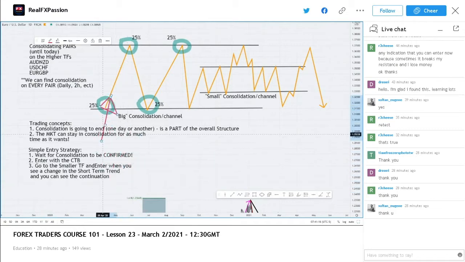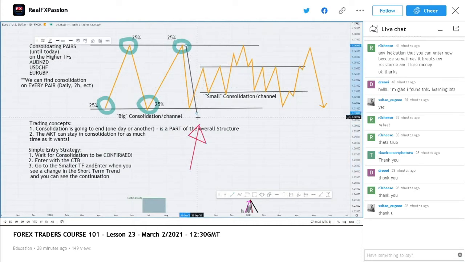Okay, so wait for consolidation to be confirmed. 25, 25, 25, 25. Enter with the counter trend line break. So where would be the counter trend line break? Well, this would be kind of a counter trend line break in here, right? But number 3, go to the smaller time frame and enter when you see a change in the short-term trend, and you can see the continuation.